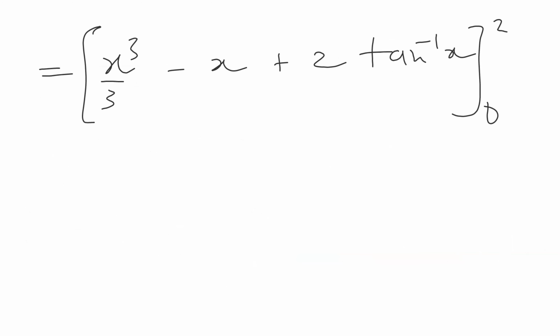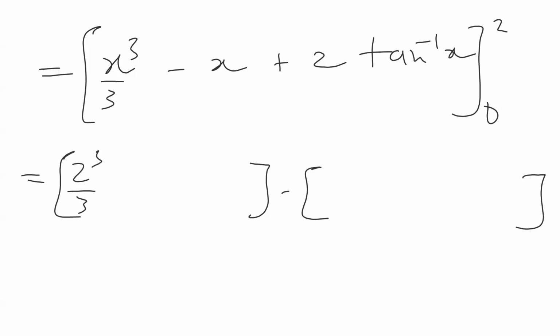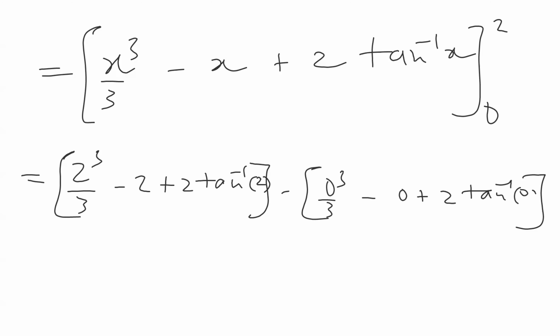So box minus box. 2 cube upon 3 minus 2 plus 2 tan inverse 2, minus 0 cube upon 3 minus 0 plus 2 tan inverse 0. The second box is 0 because 0 cube is 0, and tan inverse 0 is 0.